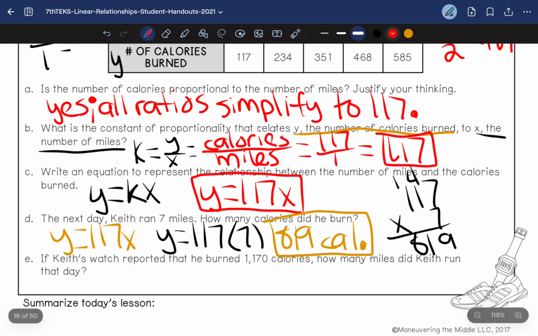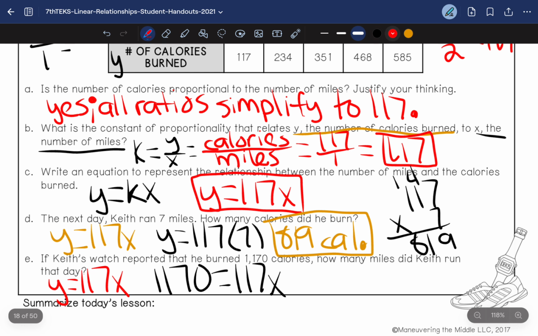And then the last one, part F. If Keith's watch reported that he burned 1,170 calories, how many miles did Keith run that day? So again, we're going to use our equation. Y equals 117x. And the y represents the number of calories burnt. So I'm going to put 1,170 equals 117x.